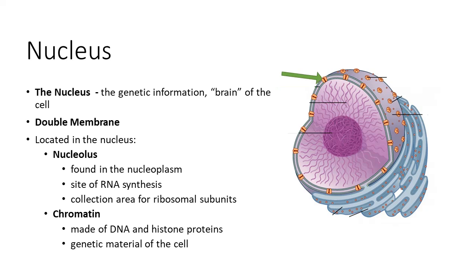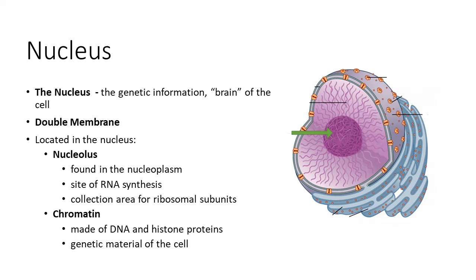And then within that nucleus, you see this very prominent dark purple structure here. That is known as the nucleolus. The nucleolus is going to have the ability to synthesize RNA, okay? So that is where you're going to encode for the ribosomal RNA.